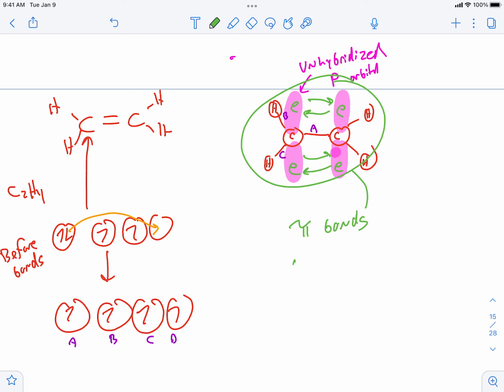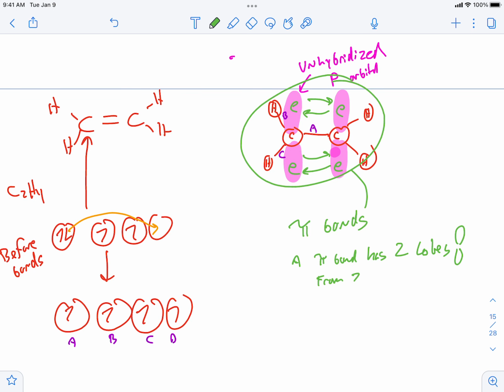Each pi bond has 2 lobes, like that, from 2 unhybridized p orbitals.